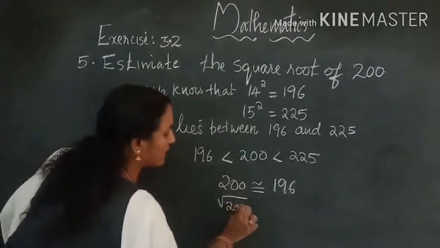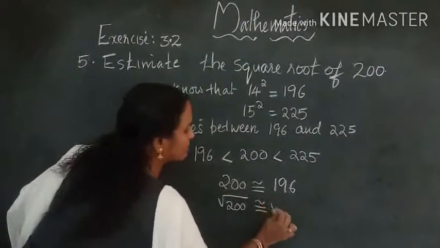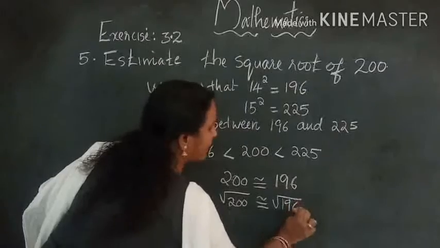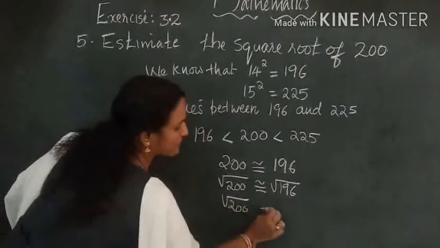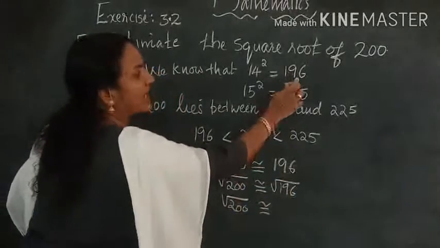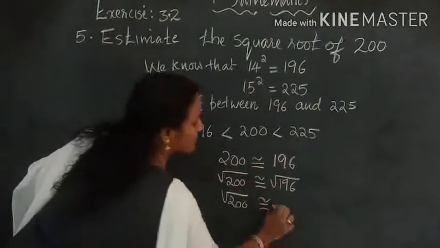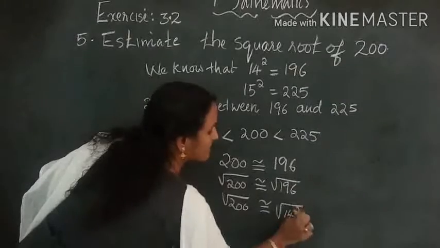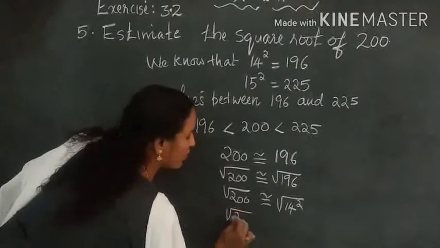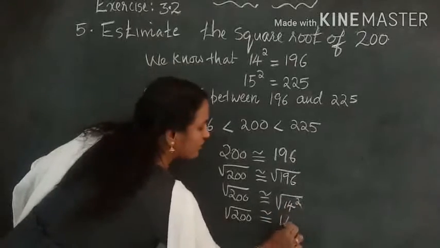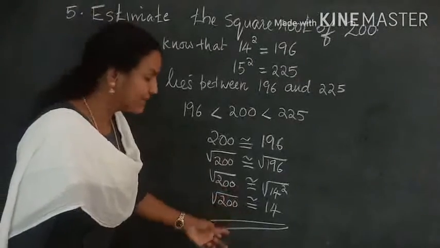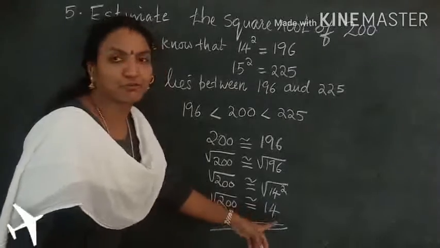Square root of 200 is approximately equal to square root of 196, which is 14 square. So root of 200 is approximately equal to root of 14 square, which is 14. So the estimated square root of 200 is 14.